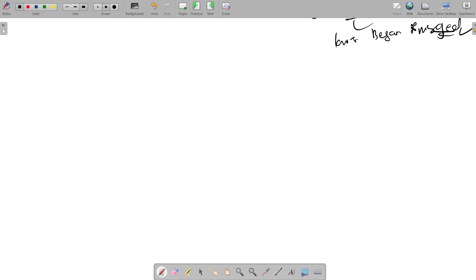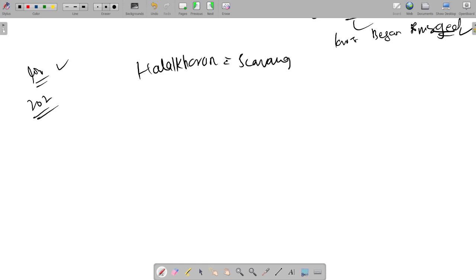The status of some low class Muslims has also been mentioned on page number 202. It says that the Halalkhoran, that is scavengers, who carry waste, rather human waste.